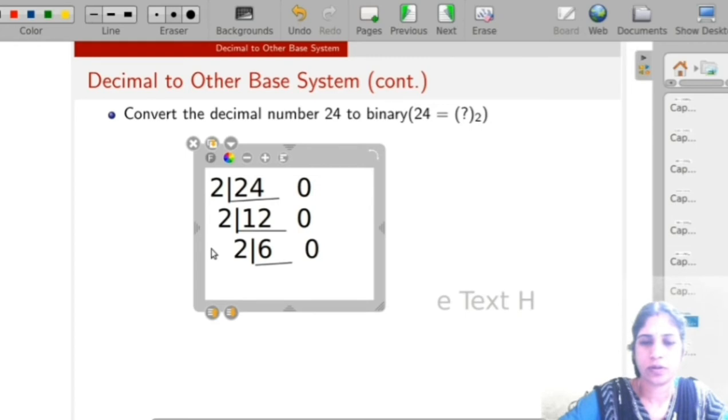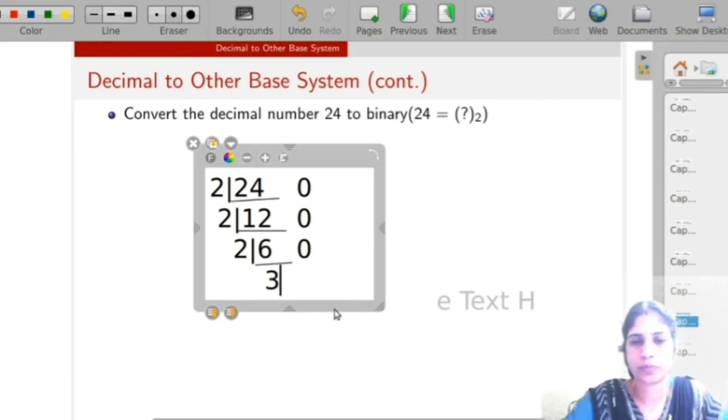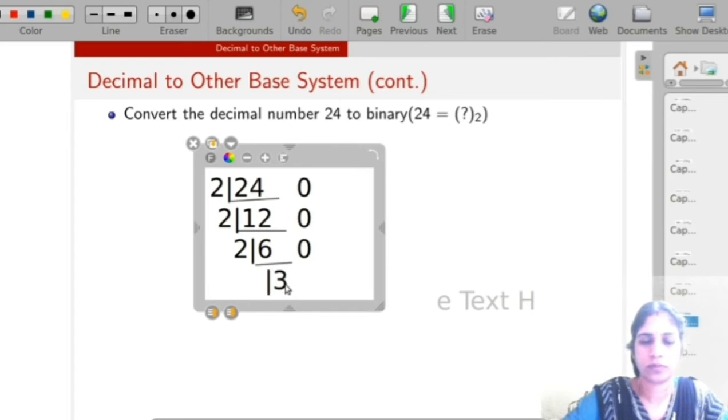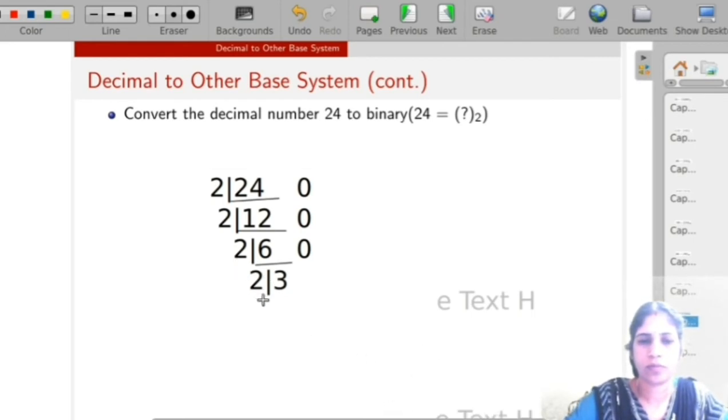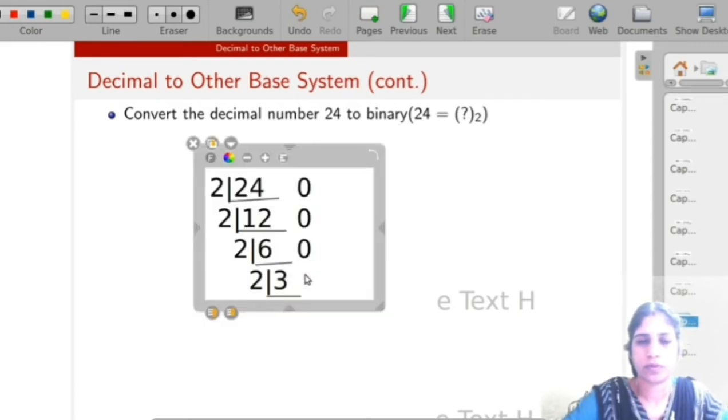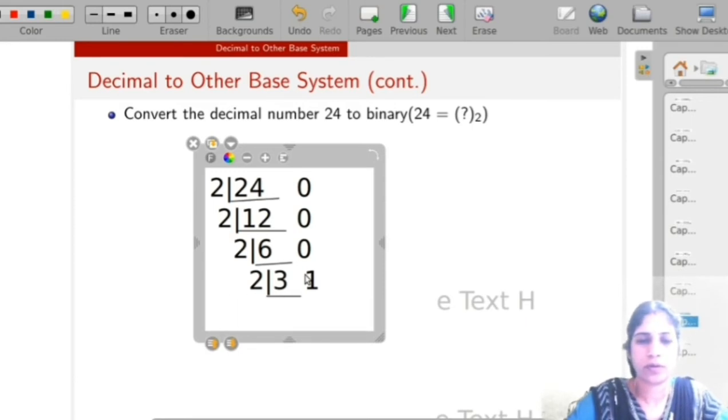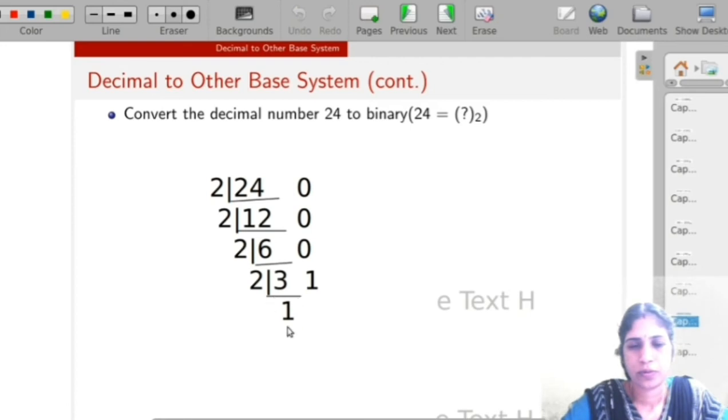We get again 0 as remainder and the quotient is 3. Next, divide 3 by 2. We get 1 as remainder and 1 as quotient. Here the quotient 1 is less than 2, so we stop the process.